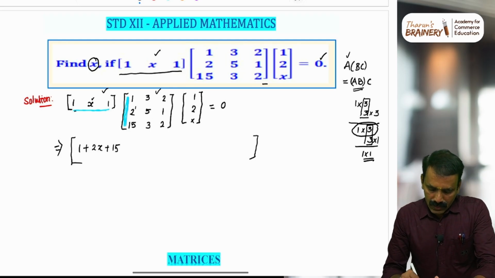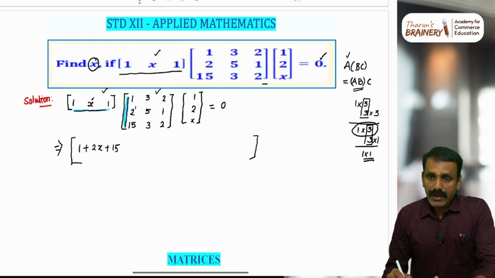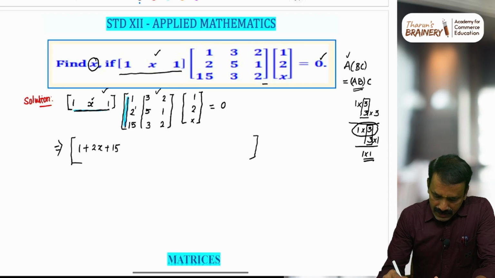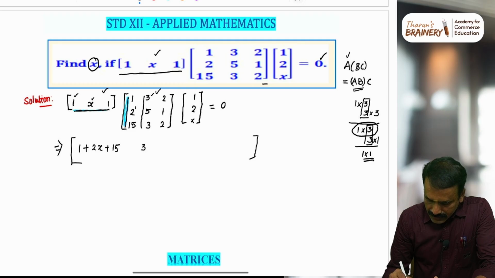So the first row is multiplied with the first column. Next we multiply the first row with the second column. Here also we have 3 elements in the first row and 3 elements in the second column. So 1 into 3, 3.